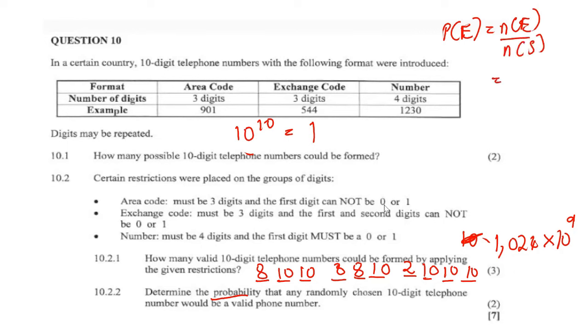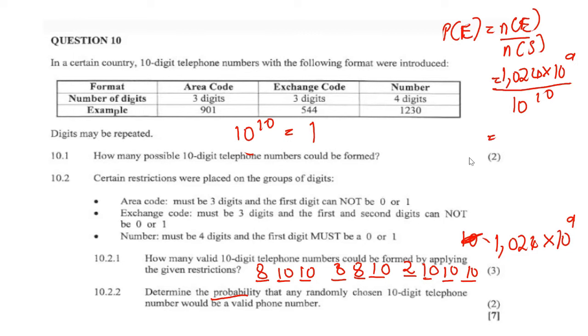So the number of valid phone numbers is 1.024 times 10 to the exponent of 9, over what? The sample space. The sample space is the one without any restrictions, which is 10 to the exponent of 10.